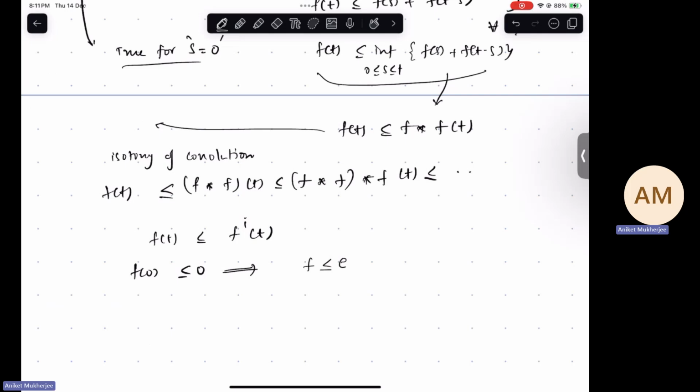So f will always be less than or equal to e. Since f is less than all the f_i's, f is less than e, f is less than f star, right?